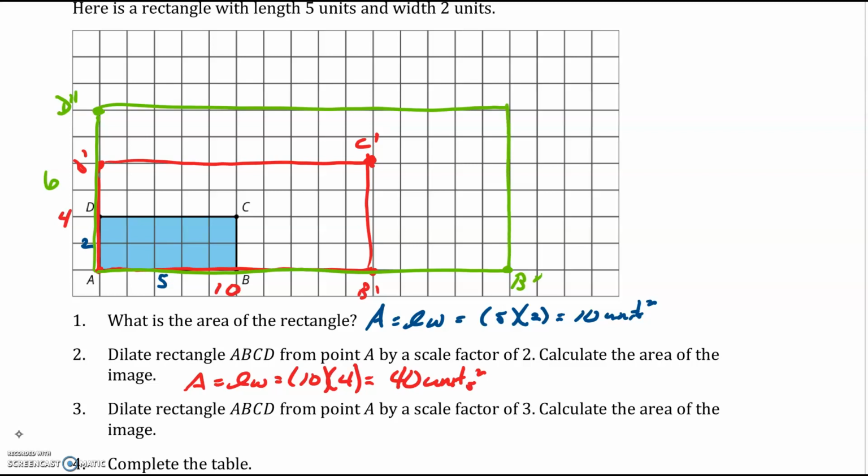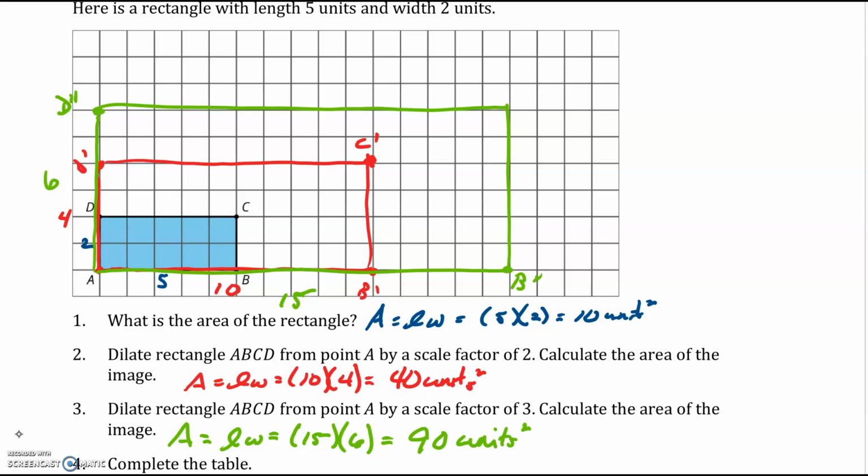So here's our new rectangle. Again, the area is going to be the length times the width. The length is now 15 units, and the width is 6 units, and 15 times 6 gives us 90 square units for the area of this rectangle.